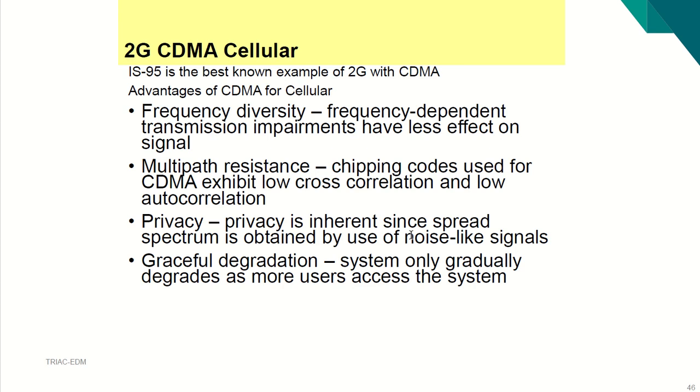But because the code is well coordinated in the system, of course the authentic user knows it, but a third party unknown person will not be able to know it. So it works like noise. And also graceful degradation. The system only gradually degrades as more users access the system.